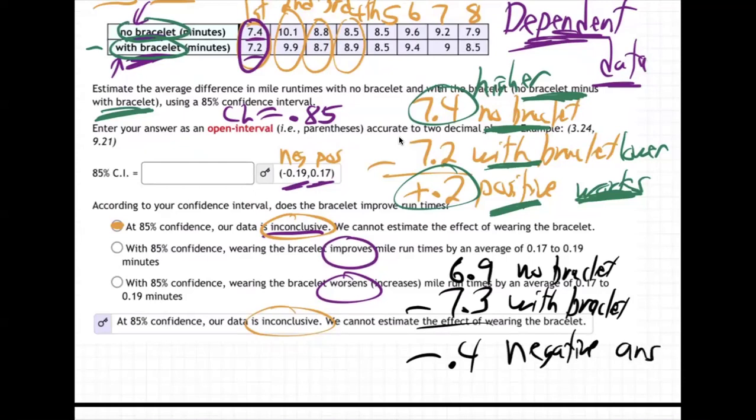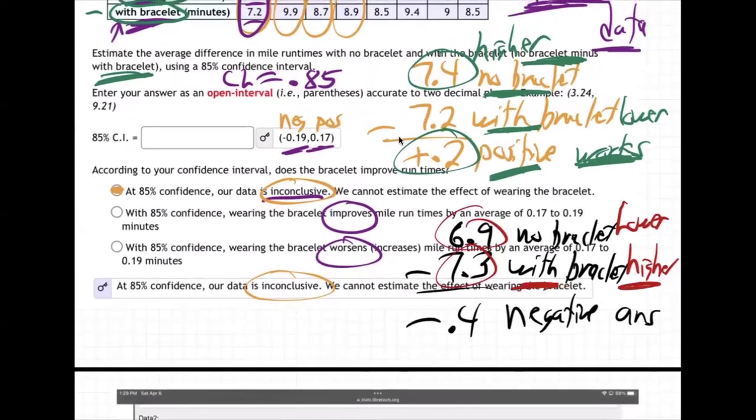That means now the top one is lower, and this one's higher, right? The 6.9 is lower, the 7.3 is higher. That means the with the bracelet time is higher. It's worse. It means it worsens. The bracelet actually worsens your run time. So if you got a negative answer, that means the second number's higher, the bracelet's higher, it takes you longer to run the mile, worsens it.